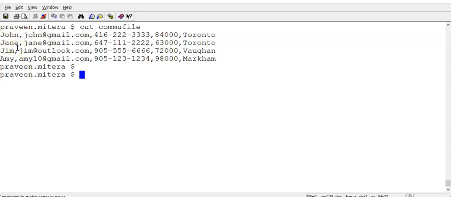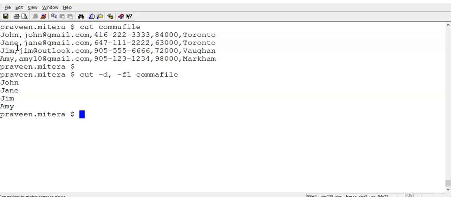So we want to cut using our knowledge of the cut command that we have. So we're specifying the delimiter, specifying the field as being the first one inside the comma file. So if we did this, what we would end up with is just the first names.